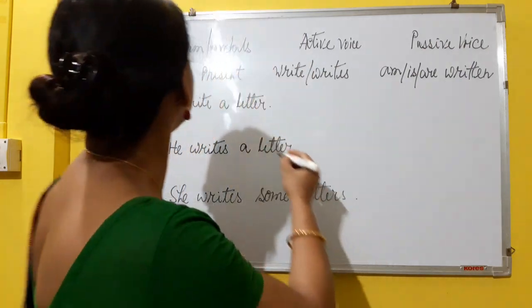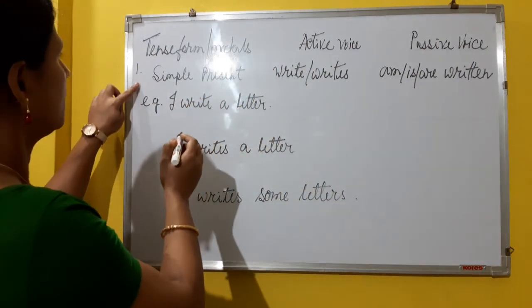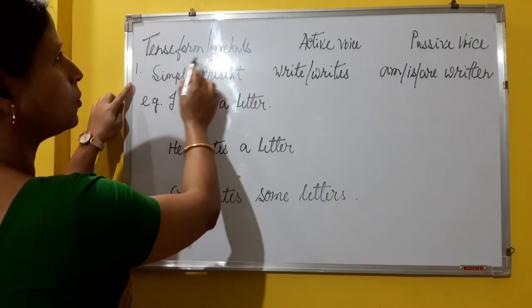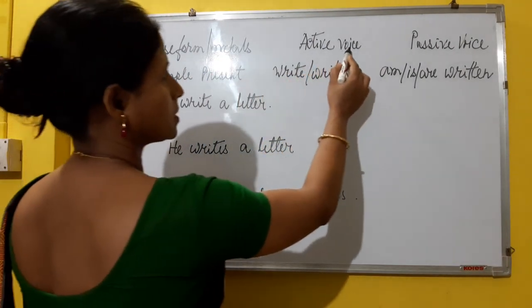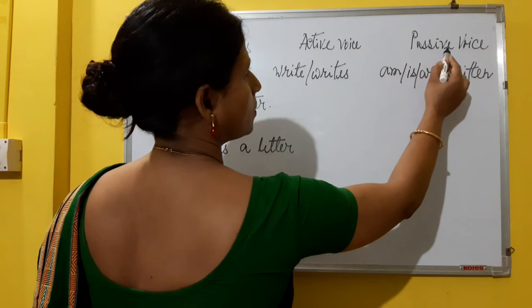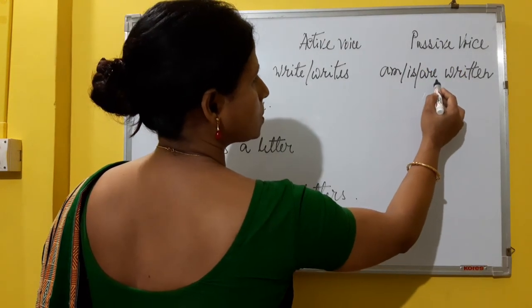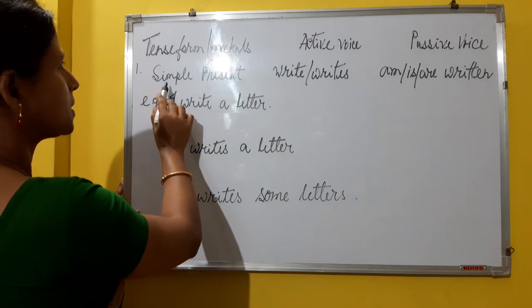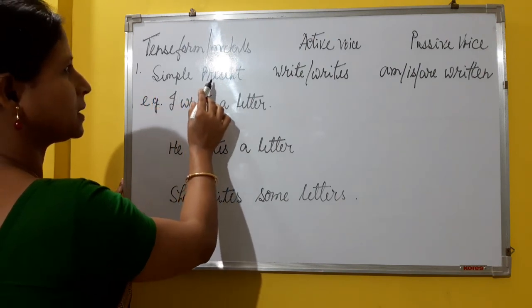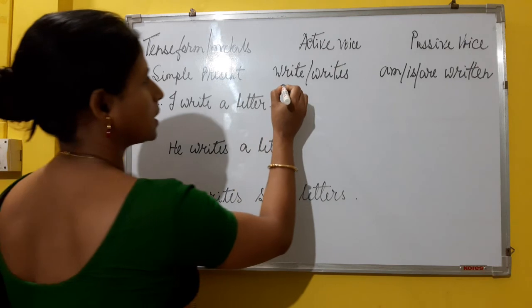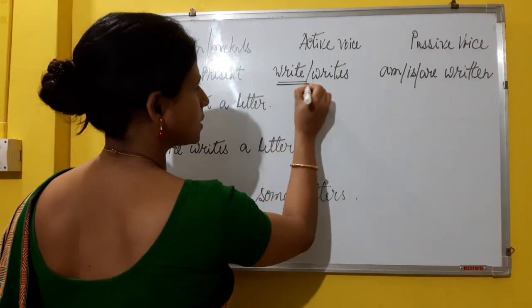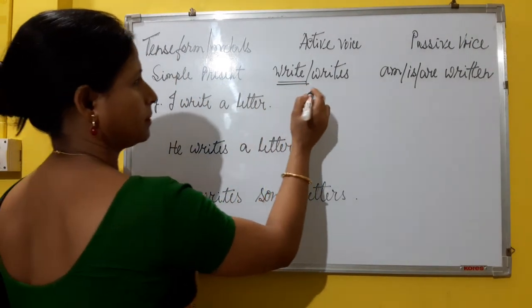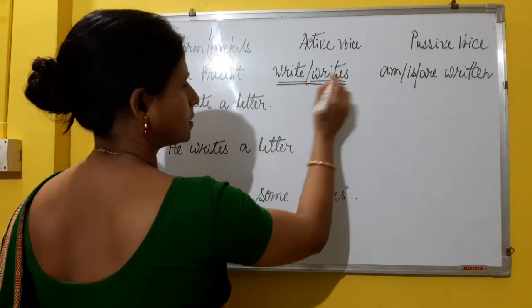Let's look here. Tense form or model. This is active voice and how it changes to passive voice. If the sentence is in simple present tense, I have taken this main verb, write or writes.